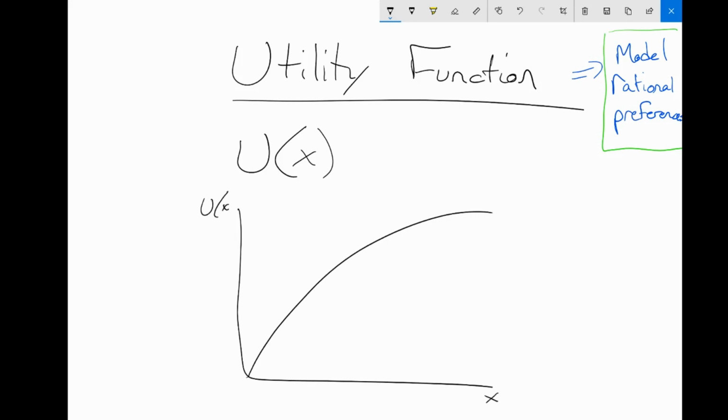Utility of x is positive and complete. Some good functions that we will use in this course are the natural log or the square root of x. In practice, economists use some more nuanced utility functions that capture other factors, but we're not going to get into that at this moment. These are some good examples of utility functions that satisfy these conditions that we will look at in this course.